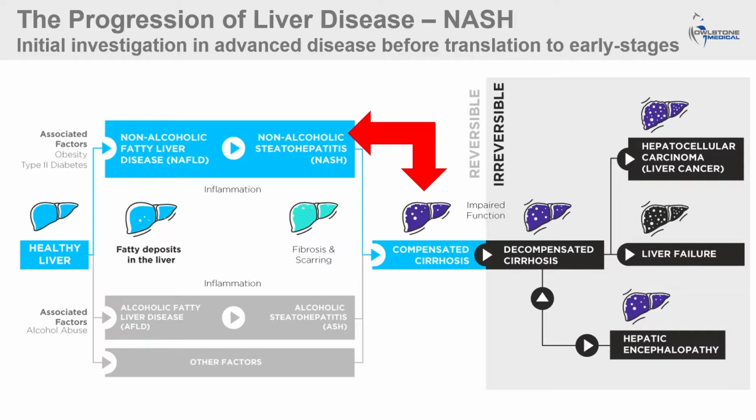However, it can progress to non-alcoholic steatohepatitis, also known as NASH, which is characterized by inflammation and accumulation of fibrotic tissue. When the fibrotic tissue becomes excessive, then we talk about a condition called cirrhosis, which is the end-stage disease that can also lead to complications such as hepatocellular carcinoma, liver failure, and hepatic encephalopathy.